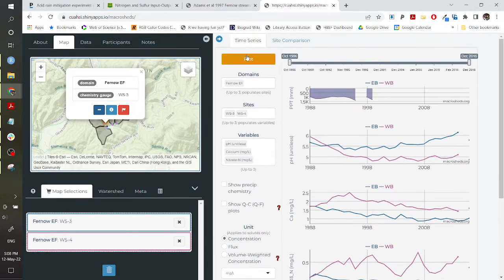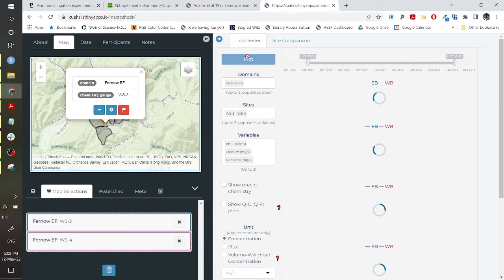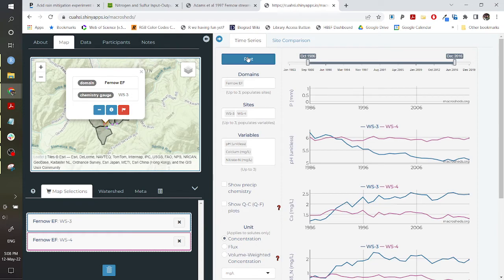And then let's plot. So here we have watershed 3, which is our experimental, and watershed 4, which is control.